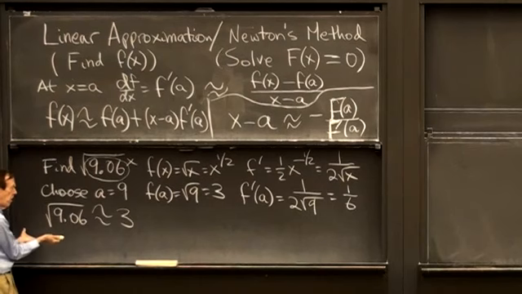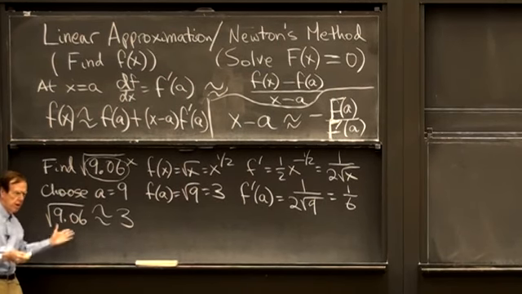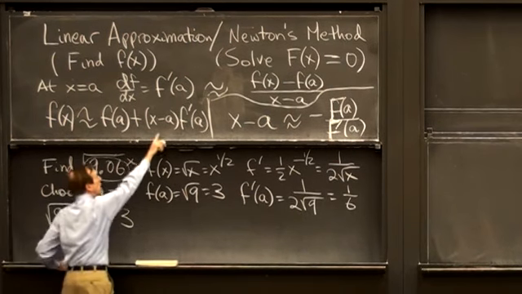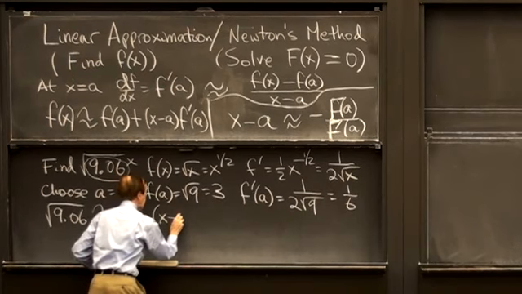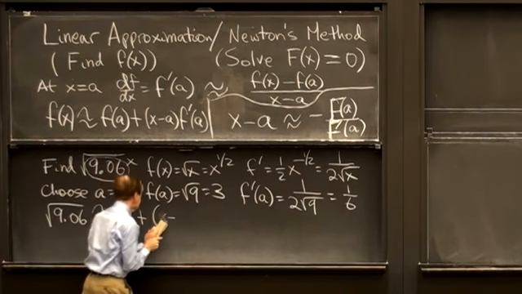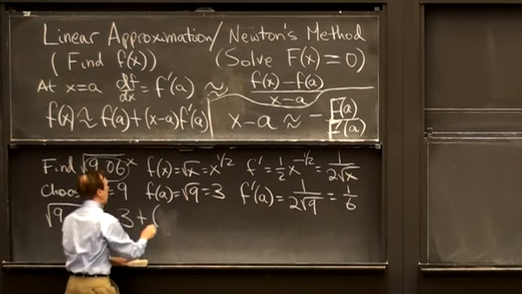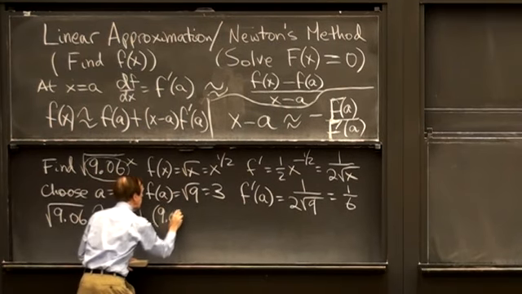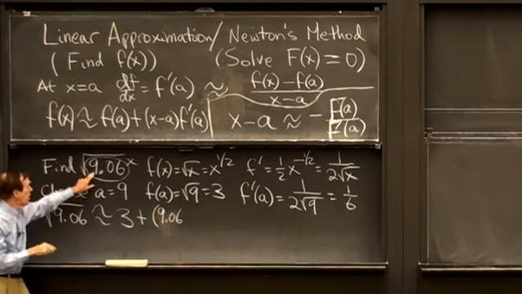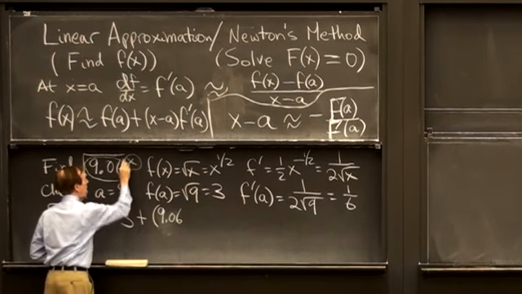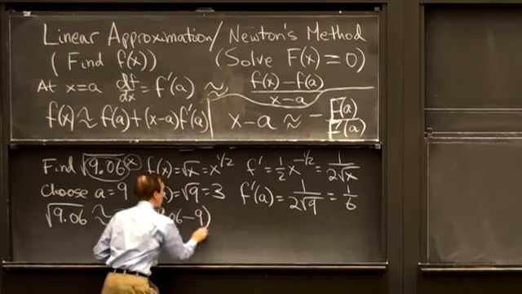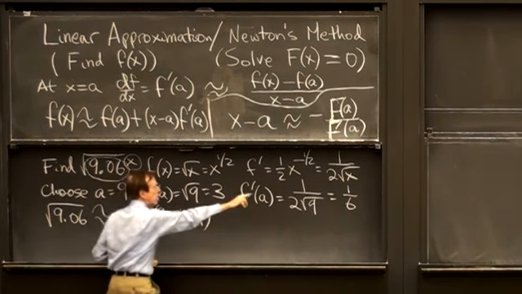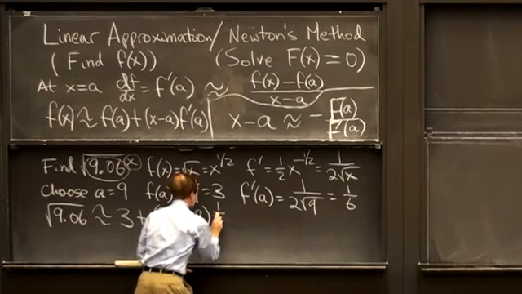So far reasonable. That's the approximation I start with, just using the 9. But now I'm improving it by the difference x minus A. What is x? I'm plugging in x as 9.06. That's where I really want the square root. That's my x, minus A, which is 9, times f prime, which we figured out as 1/6.